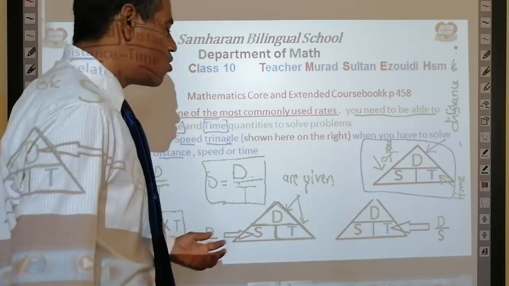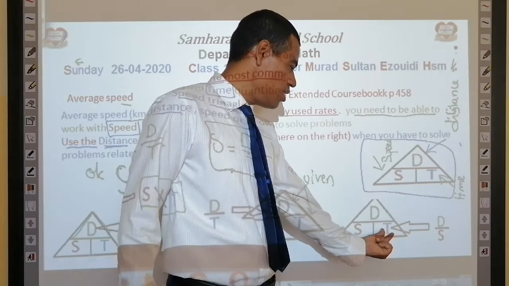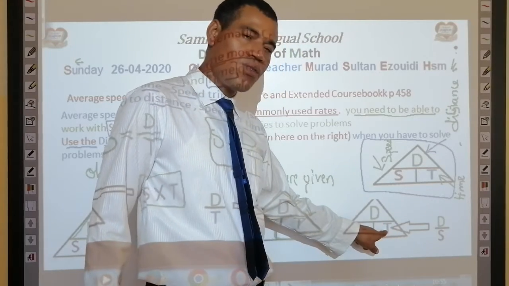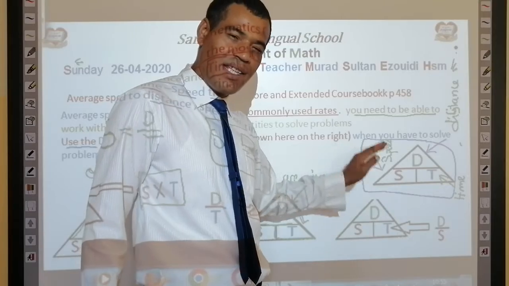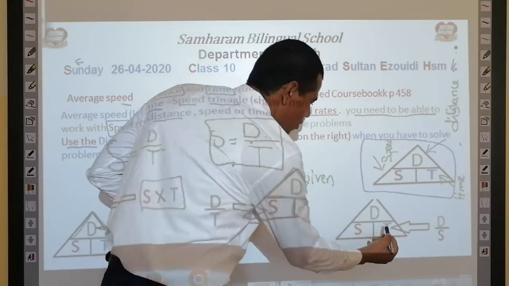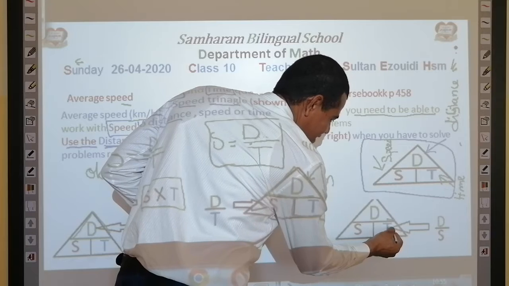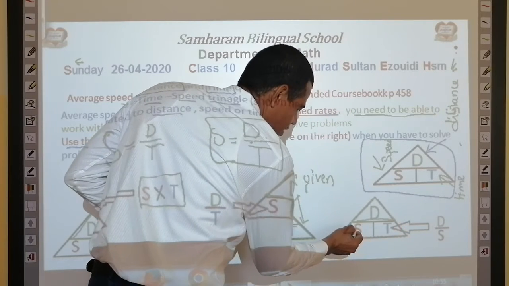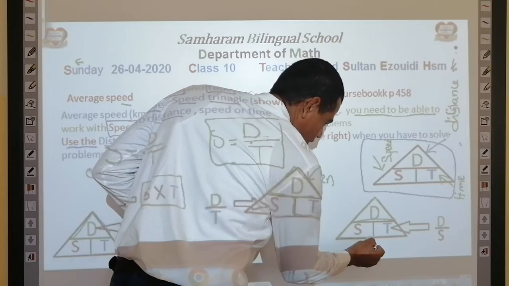Then for the third variable t, when d and s are given, if you would like to work out t, just make distance over speed. So t equals d, the distance traveled, over the speed.